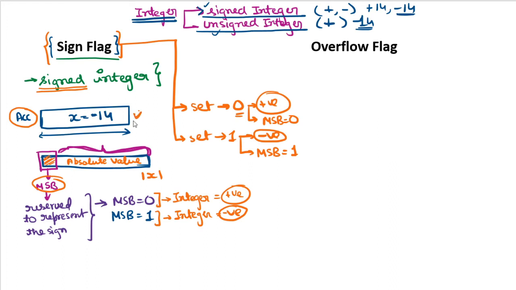If we are storing x here, and x can be either positive or negative, and let's suppose the size of this accumulator is y, then the number of binary cells that we will be using to represent the absolute value will be y minus 1.